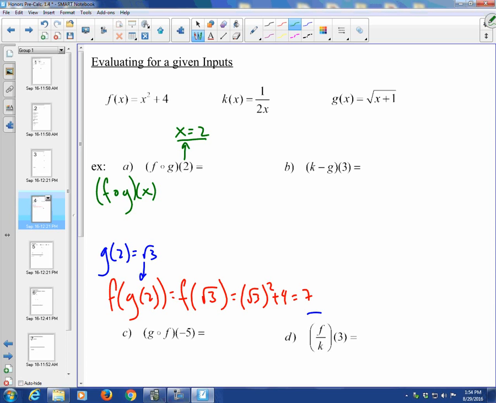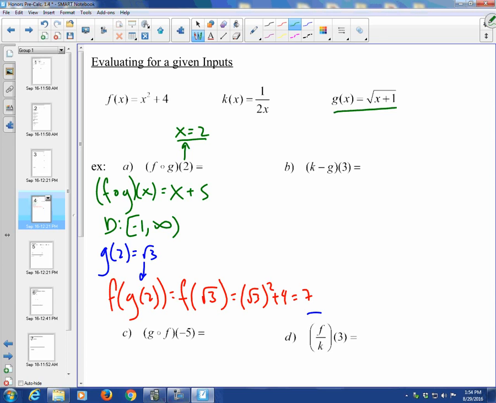Now, right here, we evaluated f of g of x on the previous page, and we found that we got the equation x plus 5 on the domain from -1 to positive infinity, right?